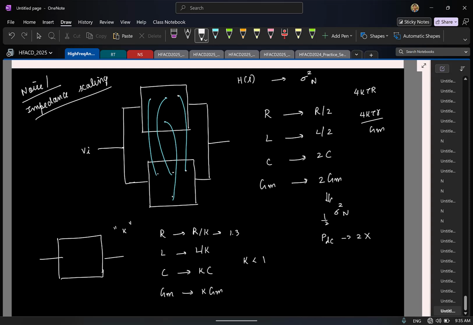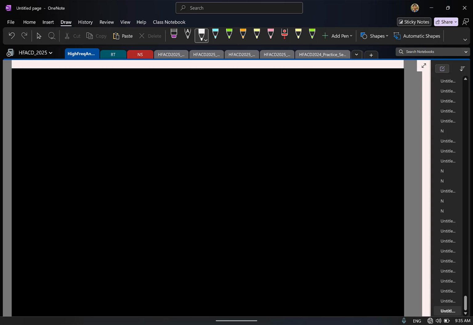Cool. So now tell me, if I say that I have two circuits, and circuit 1 has a higher signal to noise ratio than circuit 2, would you directly comment that circuit 1 is better than circuit 2? Why not? Yeah, because you already know that to reduce the noise power or to increase the SNR, I can go and burn more and more power in my circuit, because as you know, SNR is directly proportional to power dissipation.